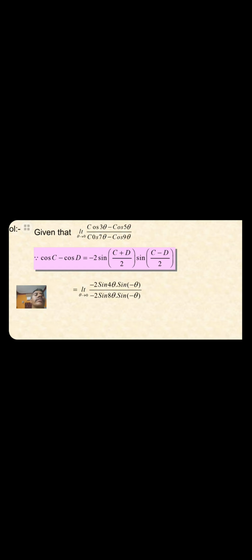Same way, minus 2 into sine of (7 theta plus 9 theta) by 2, it is 8 theta, and sine of (7 theta minus 9 theta) by 2, we have minus 2 theta by 2, that is minus theta.